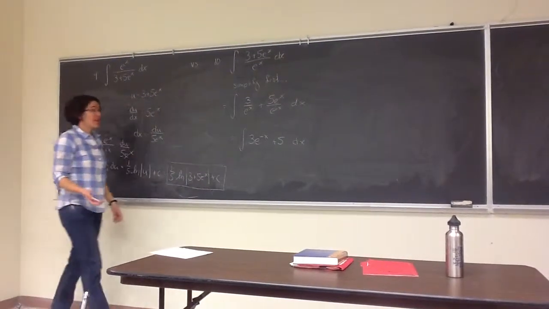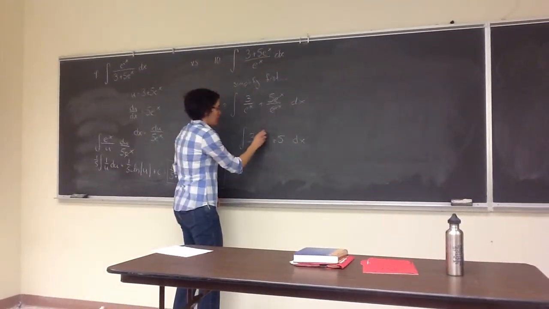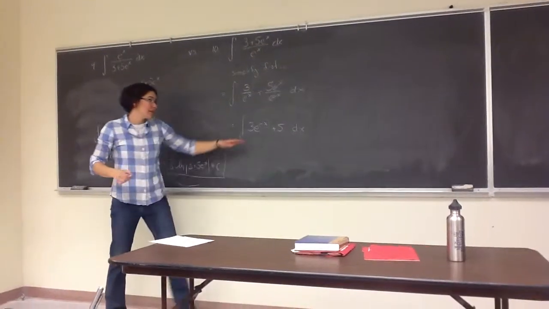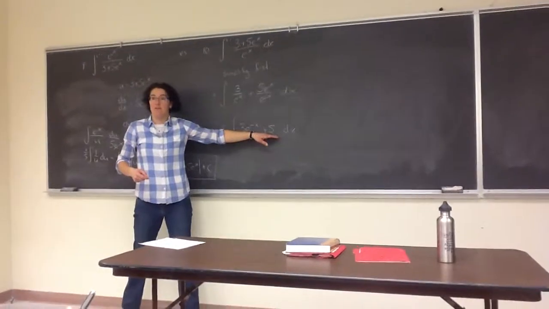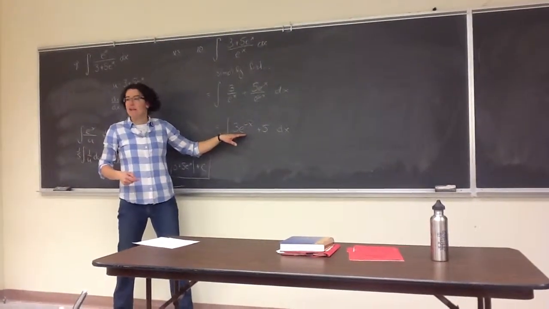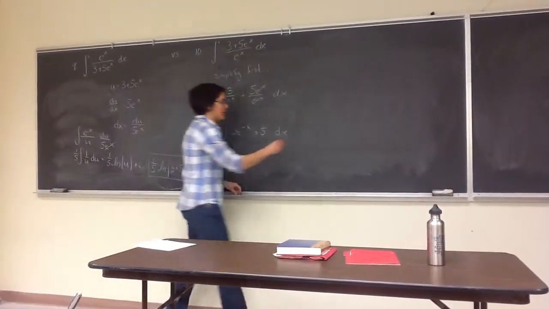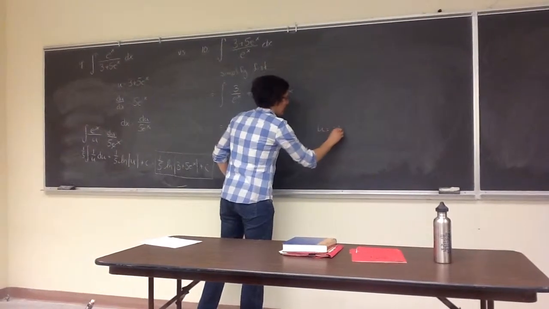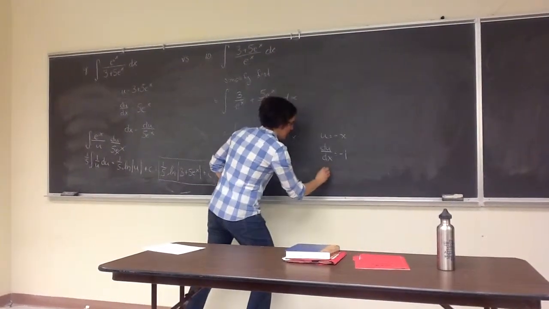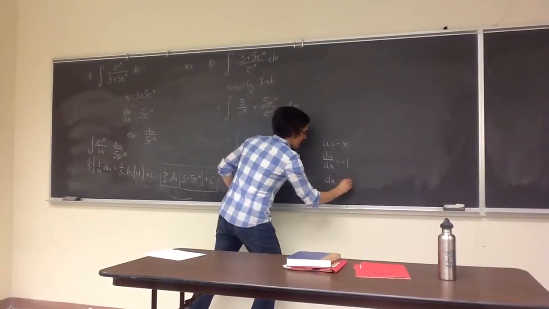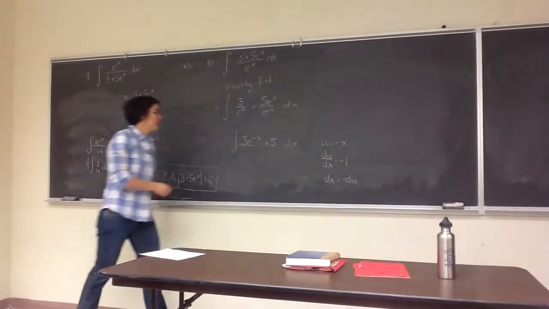Okay, at this point, the plus 5 part's easy. I know what the antiderivative of 5 is. But for e to the negative x, I might do a u substitution and let u be equal to negative x, in which case du over dx is negative 1, and dx is equal to negative du.